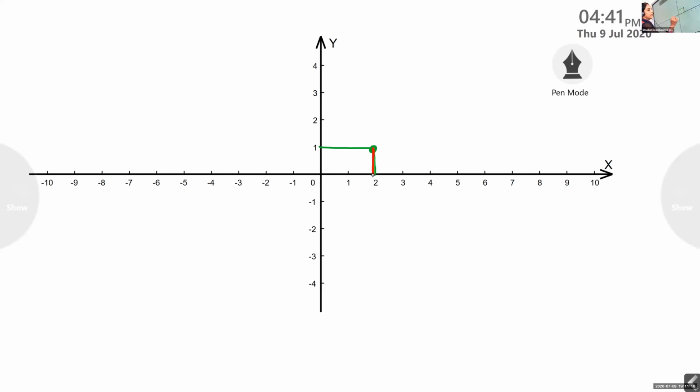Listen, if you want to locate one point, are you listening? From this point, you have to draw one perpendicular line downwards. And when it touches the x-axis, that is its x point.